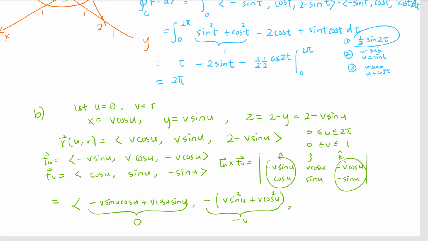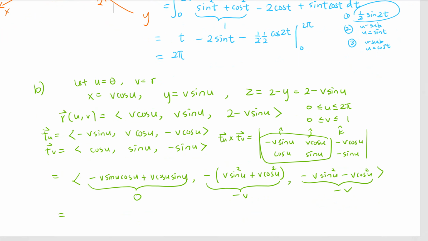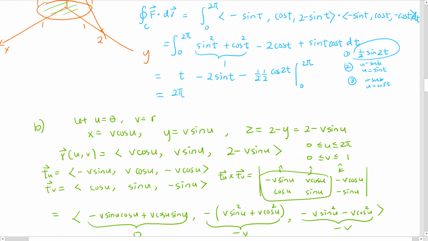And then the k component: determinant of this, minus v sine u squared minus v cosine u squared. This is also minus v. So we have 0, minus v, minus v. So far so good, everybody? Okay.